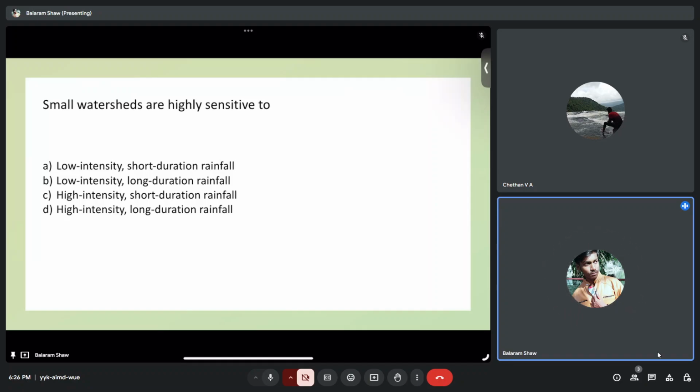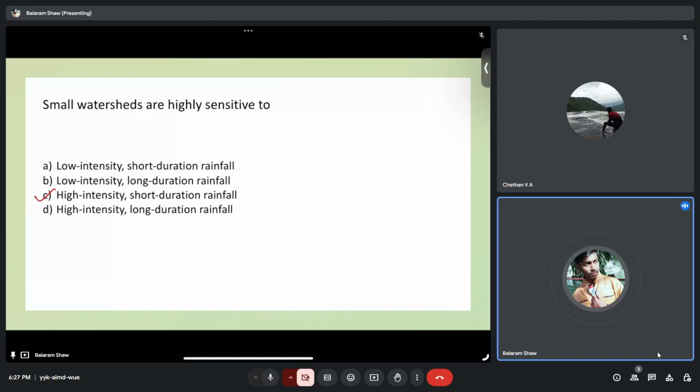So the small watershed will be highly sensitive to high intensity rainfall which occurred for a short duration, because that will affect more, and it can create a flood-like situation. So the correct answer will be C, that is high intensity short duration rainfall.